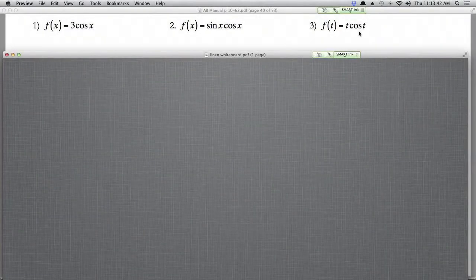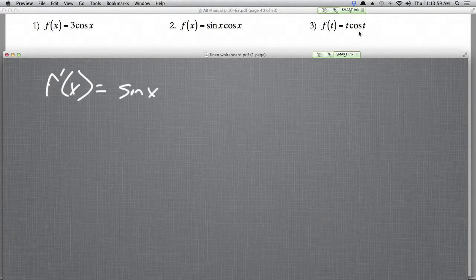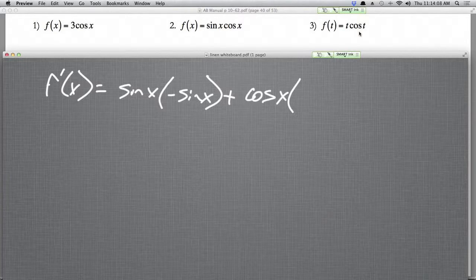Alright, let's look at 2. I have f of x equals sine of x times cosine of x. What do I have to do there? Product rule. So first would be sine times the derivative of the second, which would be negative sine, plus the second times the derivative of the first, which would be cosine.